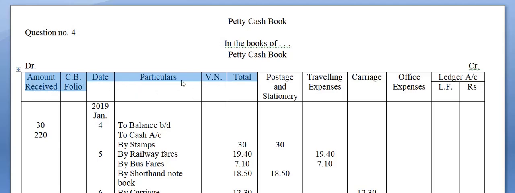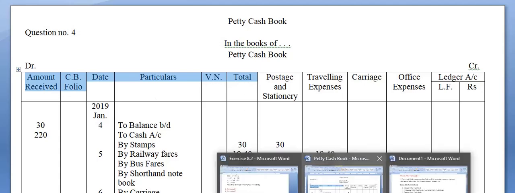That type of petty cash book is known as the simple petty cash book, and you don't have to worry about the balance and all. There may be a balance, there may not be a balance. In the simple petty cash book, the imprest money may or may not be there. But when you don't analyze these expenses separately, or when you just write these 6 columns, then that is called the simple petty cash book.